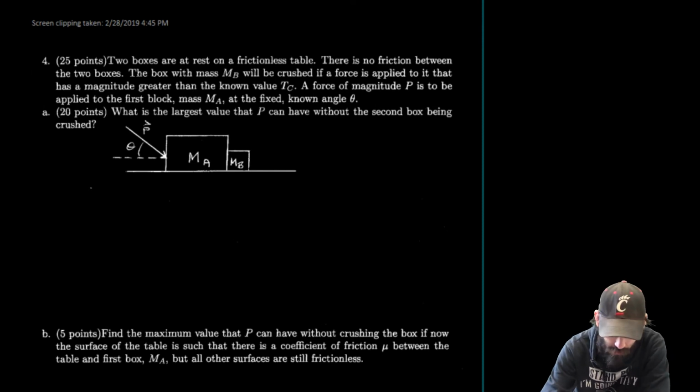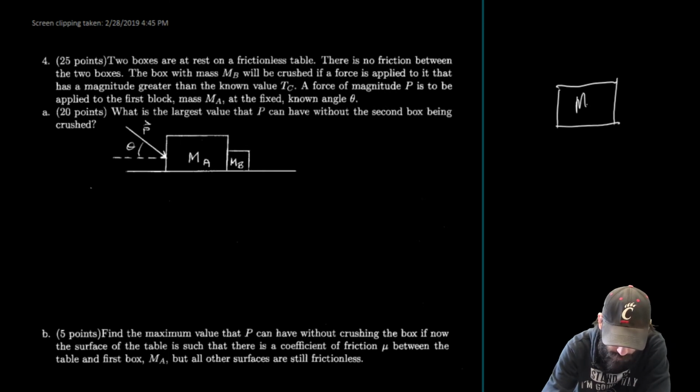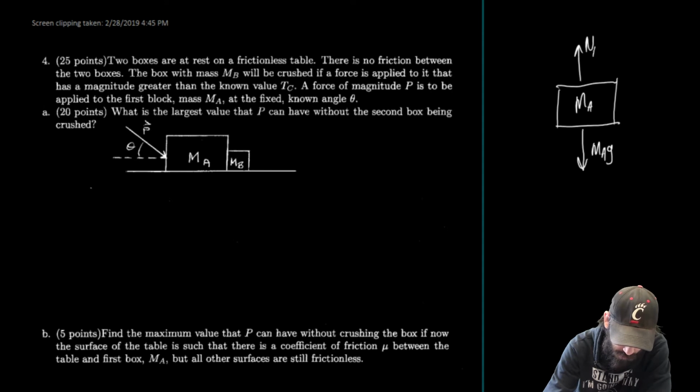Okay, so what we want to do with this one, just as the other question, is draw some free body diagrams. So we have our mass MA here. This has some force of gravity, MA times G. We have some normal force, we'll call this N. We have the force that we're applying here, which is going to be P at some angle of theta.